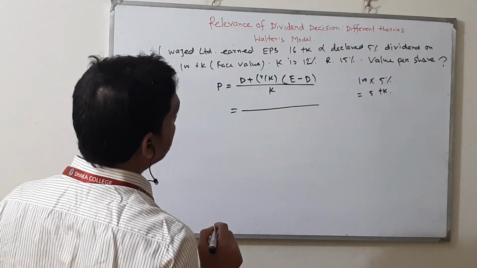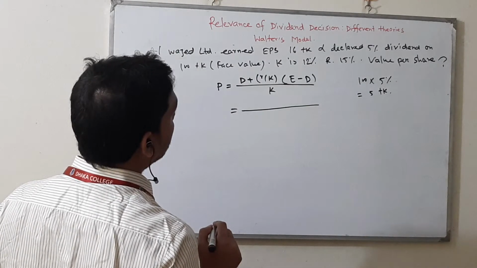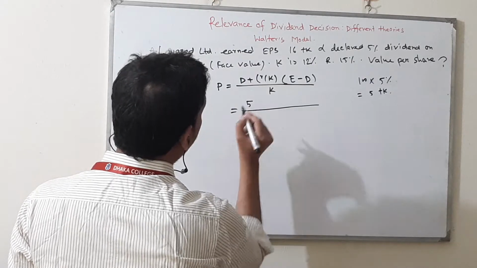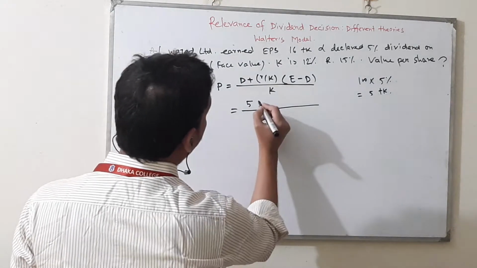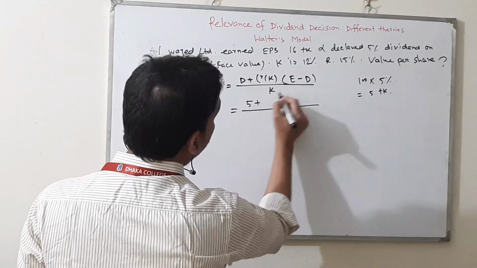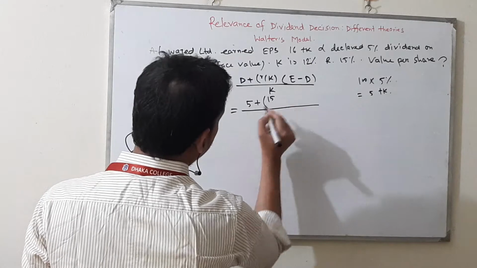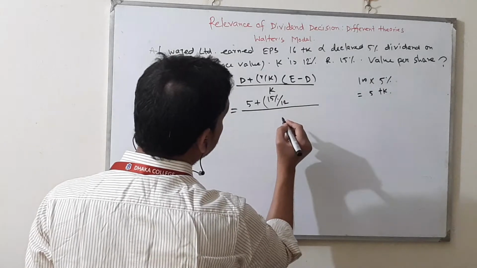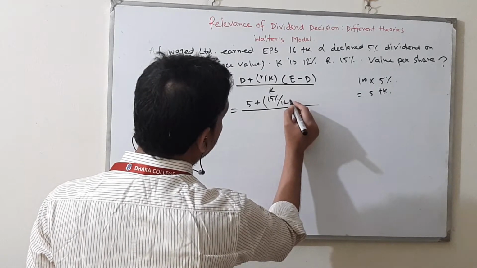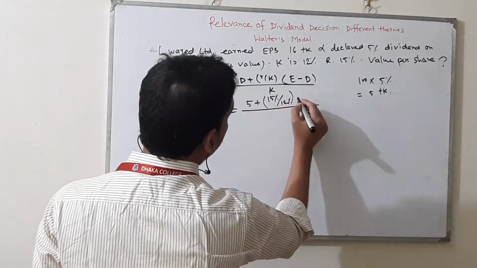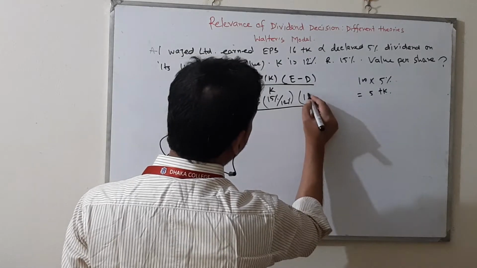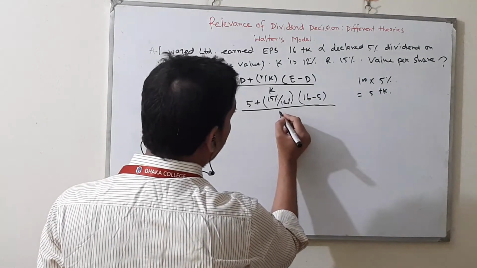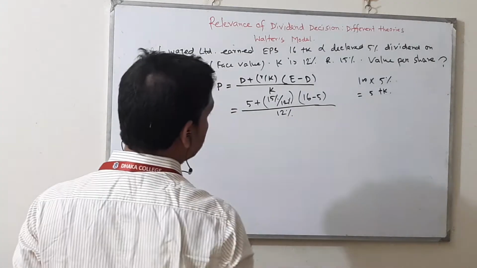Okay, I mean 5 taka. So 5 plus R, I mean 15%, divided by K is 12%, into EPS 16 taka minus 5 taka. Then overall cost of capital is 12%.